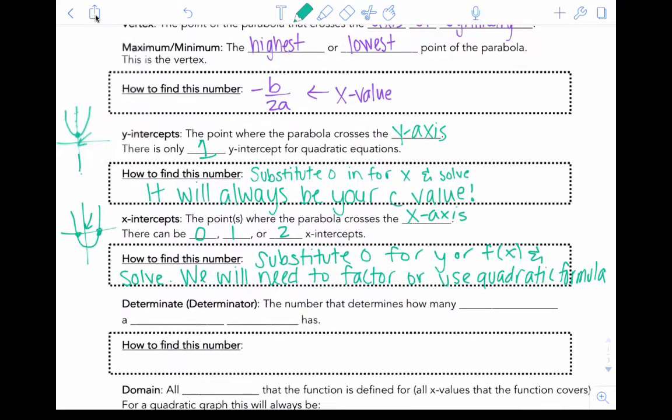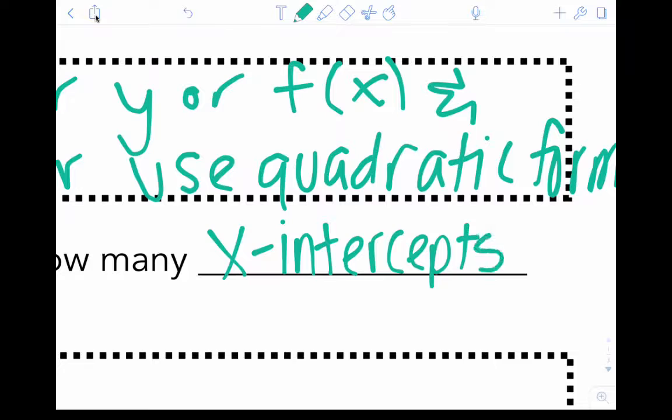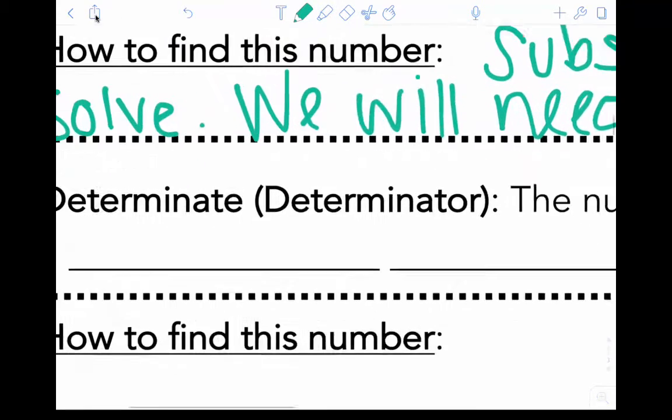Now, y-intercepts and x-intercepts are related, but the determinant is also related to x-intercepts. So if we think back to that discovery and reflection activity that we did in class, we should remember that the determinant, or as we called it, the determinator, is the number that determines how many x-intercepts a quadratic equation has.